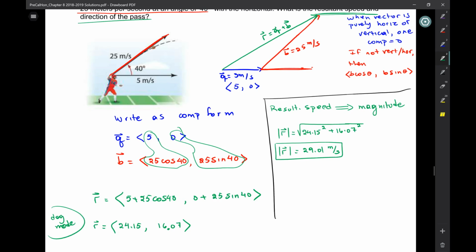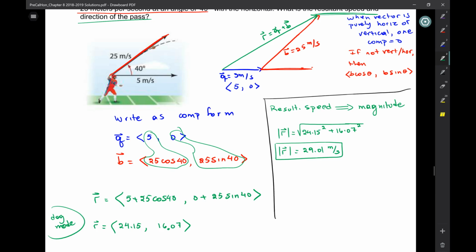So he's running at 5 meters per second. He throws the ball at 25 meters per second. The ball then is flying at 29.01 meters per second. Had he been standing still and threw it at 25, discounting friction, it would have continued at 25. Had he been running at 5 and launched something horizontally, they would have added 5 and 25, 30.